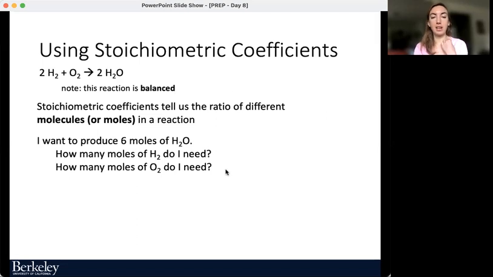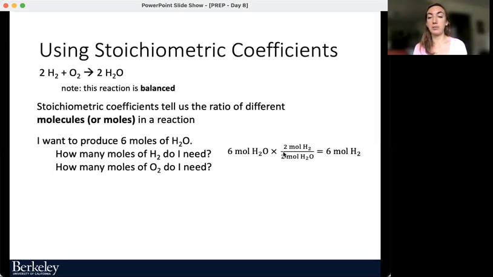So I want an answer in units of moles of H2. I'm going to say I want 6 moles of H2O, and then I'm using these stoichiometric coefficients like a unit conversion. For every 2 moles of H2 that I use, I make 2 moles of H2O.